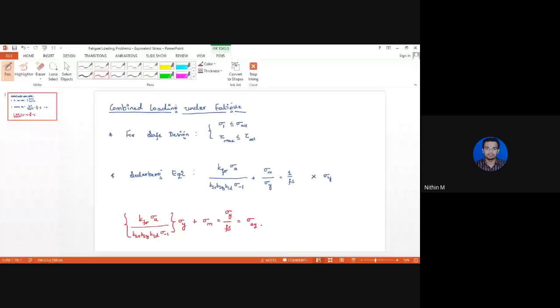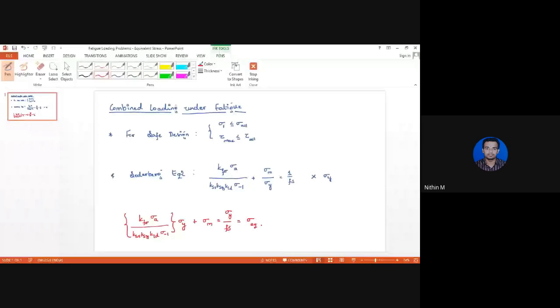So whenever we are designing components under fatigue loading, we will determine the value of equivalent stress induced in the component first. Then we will make use of the same equation. So it's the same magnitude of stress in the expressions for either maximum normal stress theory or maximum shear stress theory, and then using which we can determine the unknown quantity which is present in the equation.